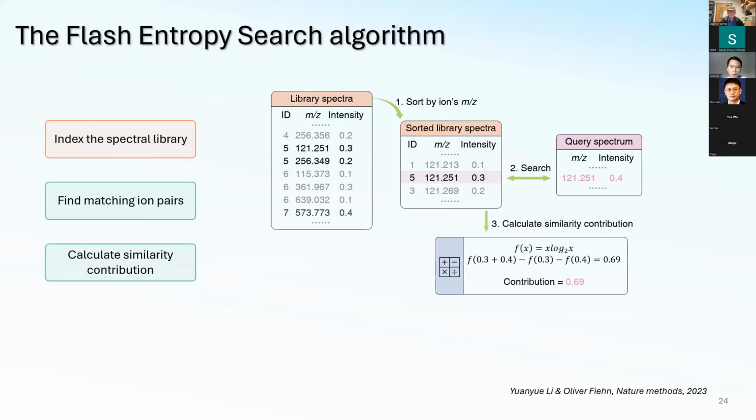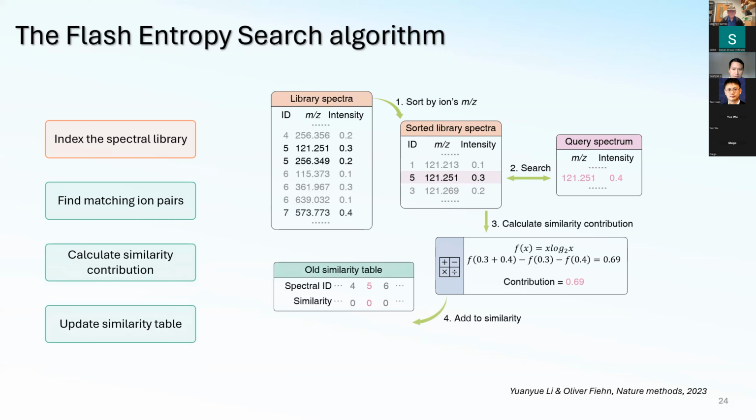After that, we put the intensities from the matching ion pairs into the formula I showed you before, and then we can calculate the similarity contribution. In this case, it is 0.69. We use this number to update the similarity table.